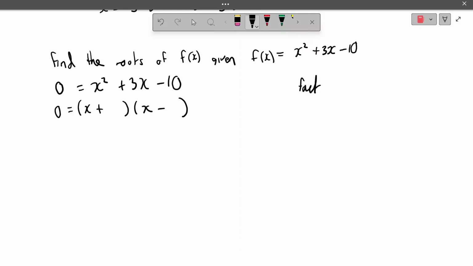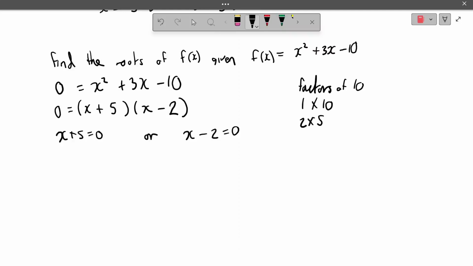We need the factors of 10: 1 times 10 and 2 times 5. What numbers, one minus the other, get you a plus 3? That's a plus 5 and a minus 2. So then we have x plus 5 equals 0, or x minus 2 equals 0. That means x equals minus 5 or x equals 2.